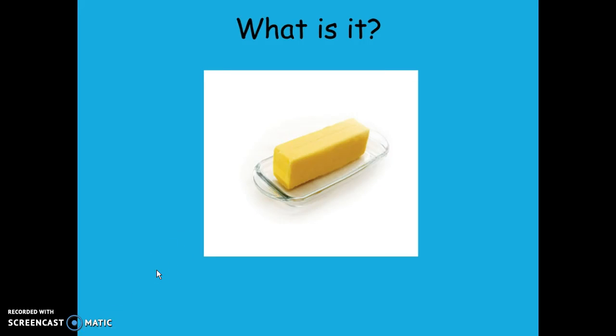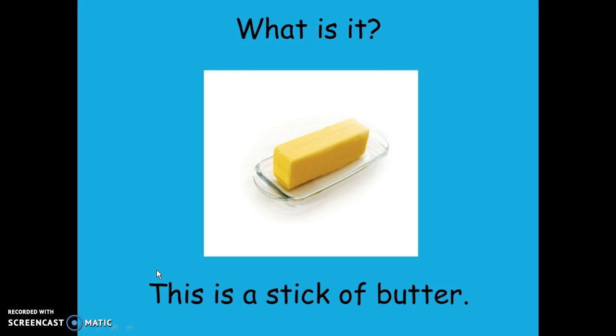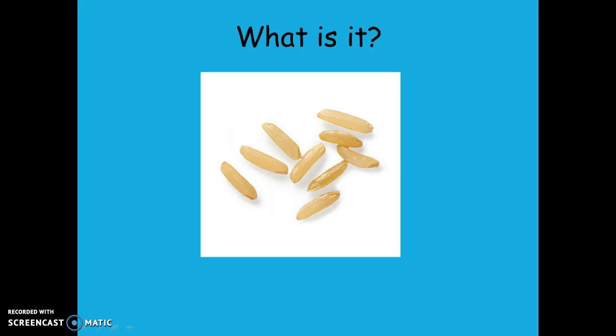What is it? It's a stick of butter. A small piece of butter is called a pat. What is it? The question should be, what are these? Because there are more than one of them. These are grains of rice. Remember, singular uses is and plural uses are.